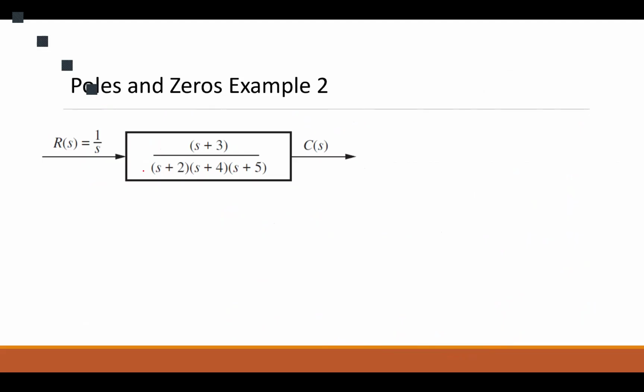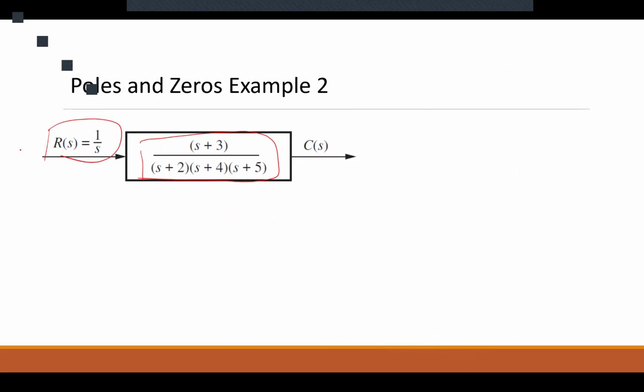Here, I have a more complex transfer function, which is s plus 3 over s plus 2 times s plus 4 times s plus 5. And my input is still a step function, 1/s.